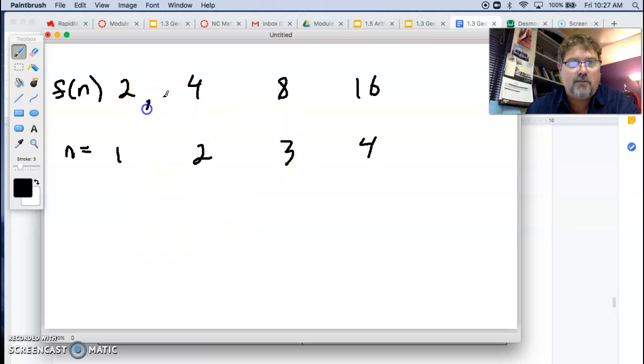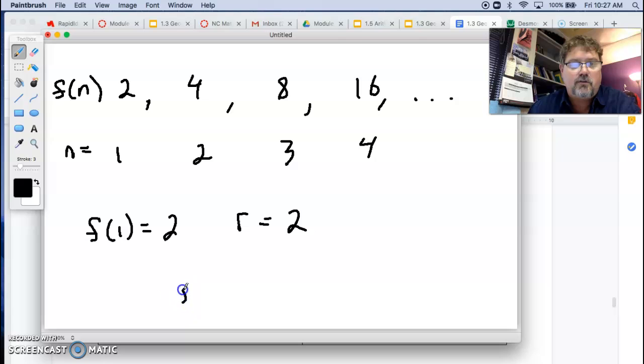And we could even put commas here, and I'll even put a dot, dot, dot. It looks like a geometric sequence. 4 divided by 2 is 2. 8 divided by 4 is 2. 16 divided by 8 is 2. So we know our first term is 2. r is also 2. So our nth term formula is pretty simple.